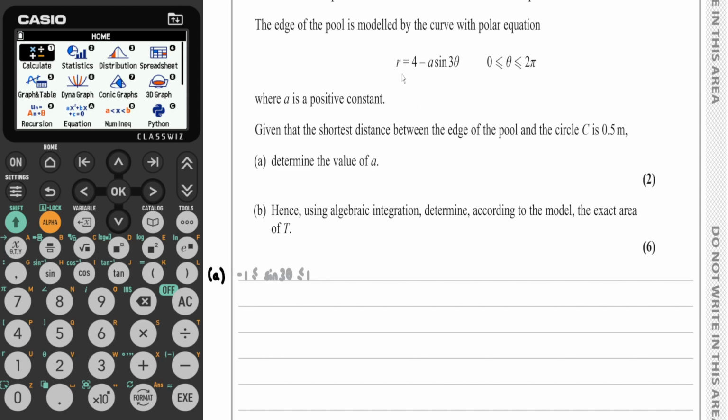Because r equals 4 subtract a sine 3 theta and a is a positive constant, the maximum value of r occurs when sine 3 theta equals negative 1. So we have r max equal to 4 subtract a multiplied by negative 1, and we set this equal to 5.5, which is the distance from the centre to the edge of the pool.